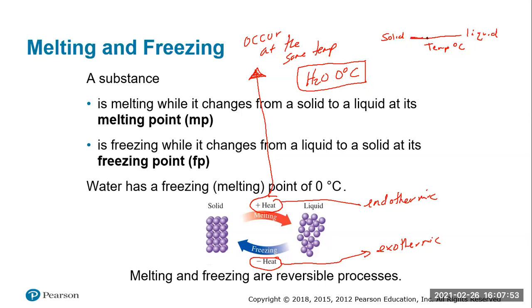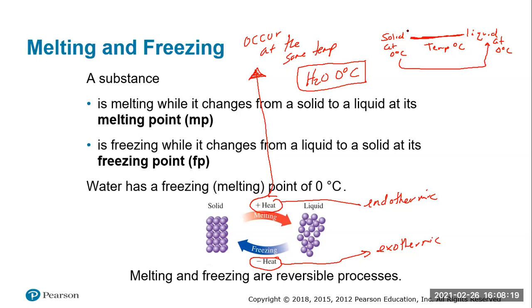When you're doing that transition, you are actually not changing the temperature. You're going to take the substance from solid at 0 degrees Celsius right over to liquid at 0 degrees Celsius. So that transition occurs exactly at 0 degrees Celsius. At 0 degrees Celsius, you've got kind of both states happening at once, kind of like ice crystals.